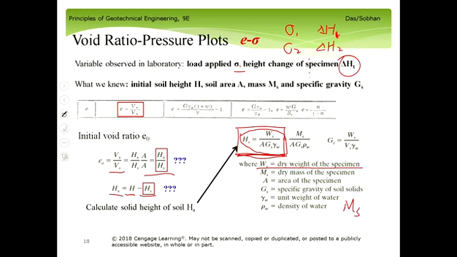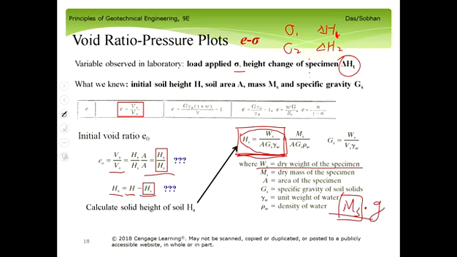Yes, we know MS, times what? Acceleration due to gravity, small g. Now how do we get MS? That's another question. How much is in the oven?